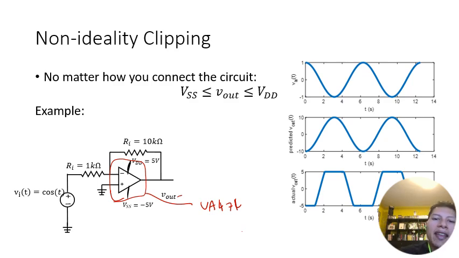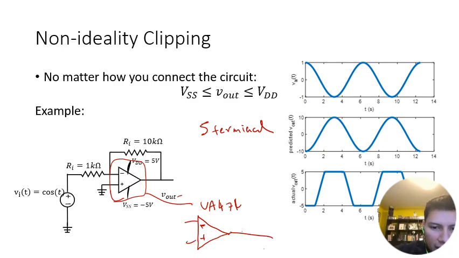When you actually buy this, it is actually a 5 terminal device. What you have is the minus terminal and the plus terminal, which are the 3 terminals that we've been studying, but then there's the V plus and V minus terminals. So there's actually 5 terminals.